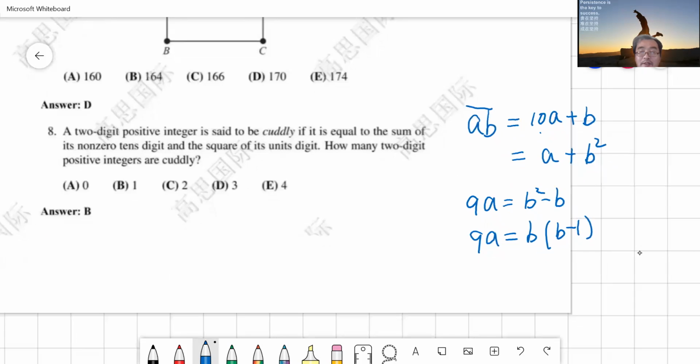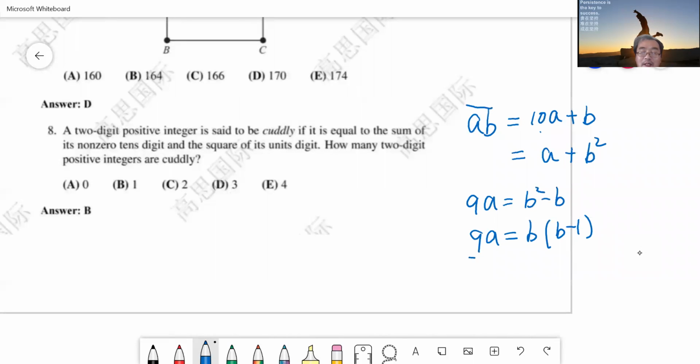With this, we can see we have the 9 here. So that means either 9 divides B, or 9 divides B minus 1. B and B minus 1 cannot both be multiples of 3. So one is a multiple of 3, the other cannot be, right?